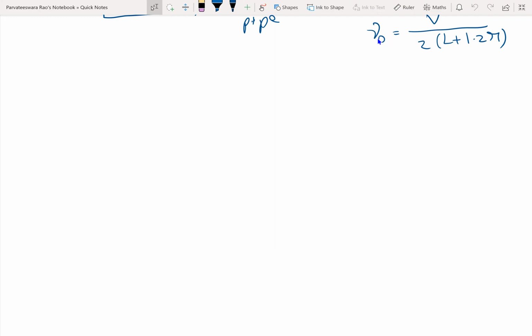AB is a cylinder of length 1 meter and is fitted with thin flexible diaphragms at A and B at the ends.